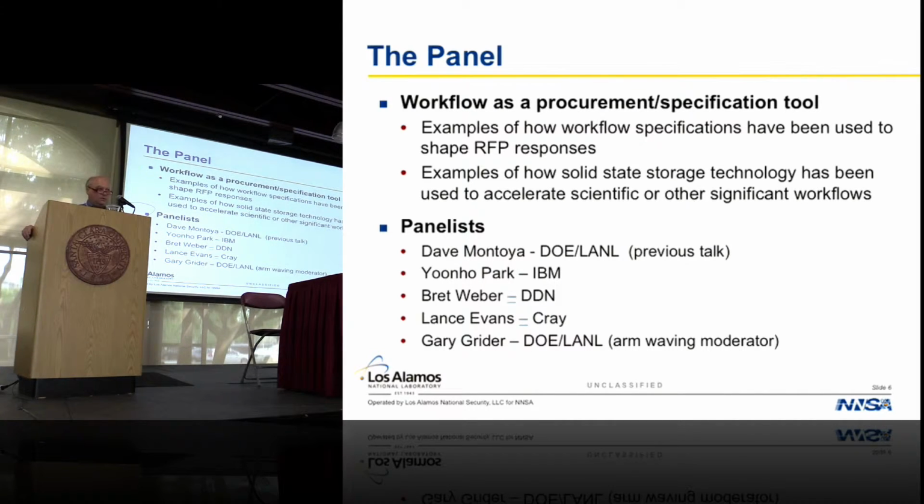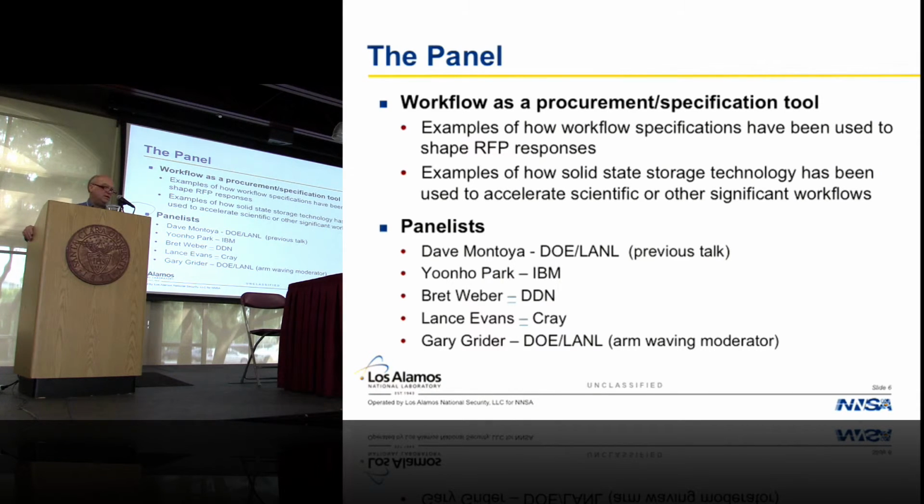And so the idea was that we'd have Dave talk about the taxonomy and how that works. I would give you this babble about why we're doing it, and then we would have vendors come talk to you about their perceptions about how well they're using this, how well it's working out, and so forth. Dave has given a talk already, so our next speaker is Ewan Park from IBM.